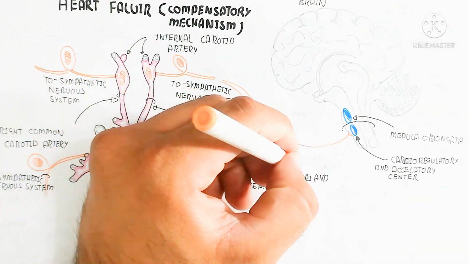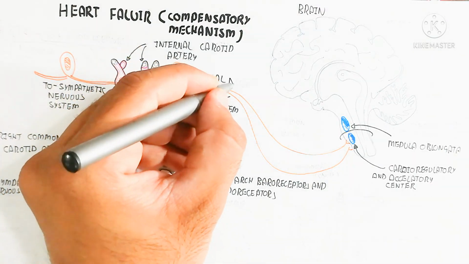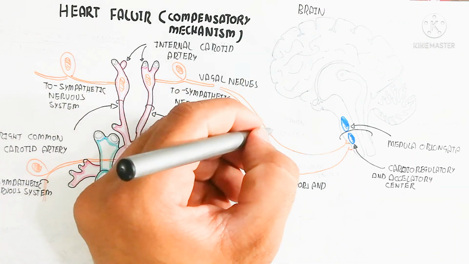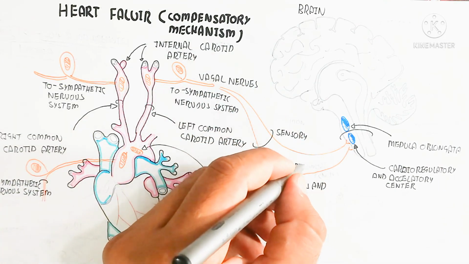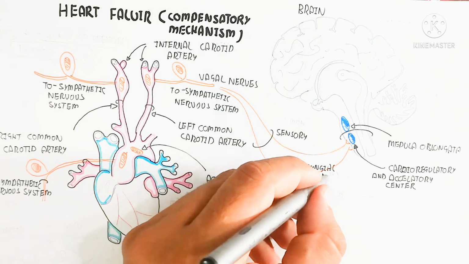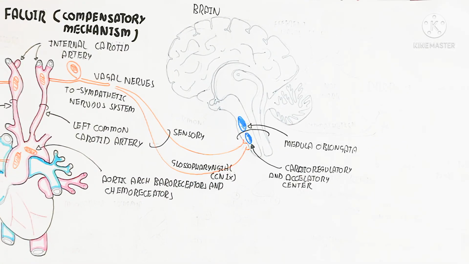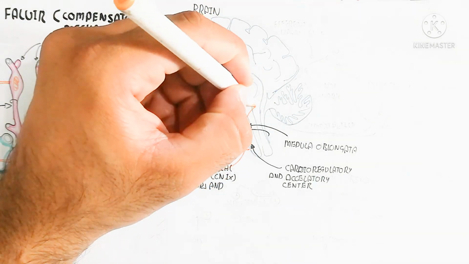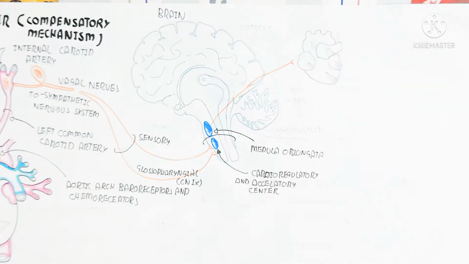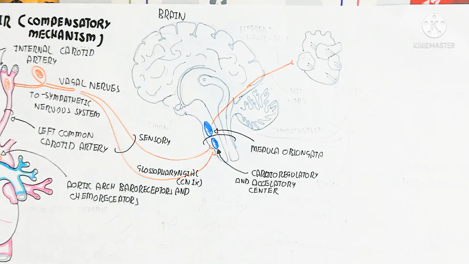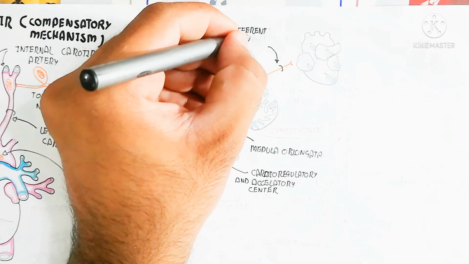Here are the nerves arising from the baroreceptor to the sympathetic and parasympathetic nervous systems. Here is the vagal nerve, which is the parasympathetic nervous system, and these are the sensory nerves. Afferent nerves move toward the brain, toward the medulla, via the glossopharyngeal nerves, cranial nerves, which also target the cardioregulatory center.